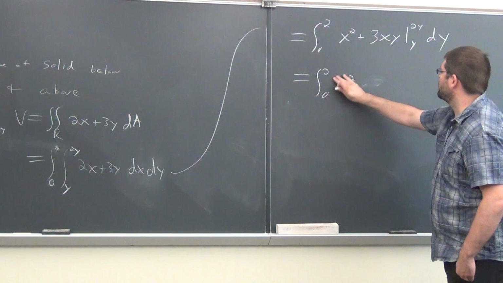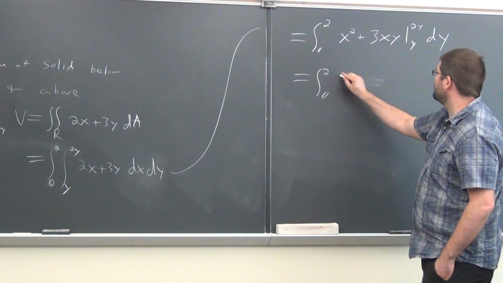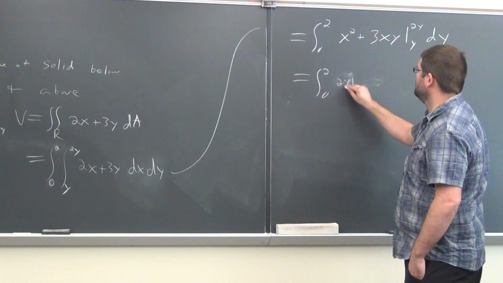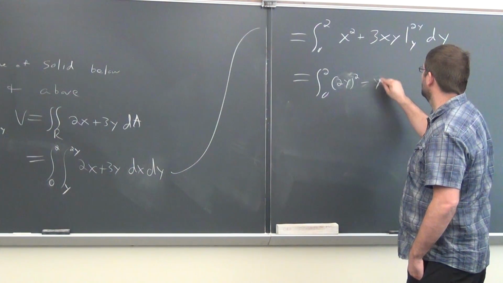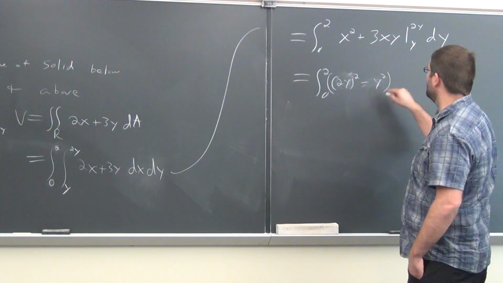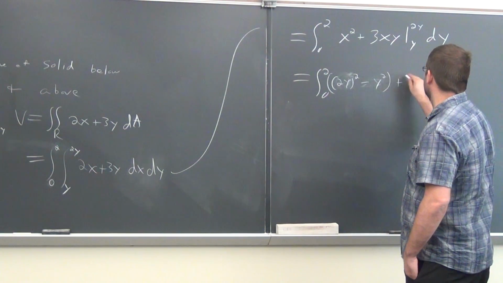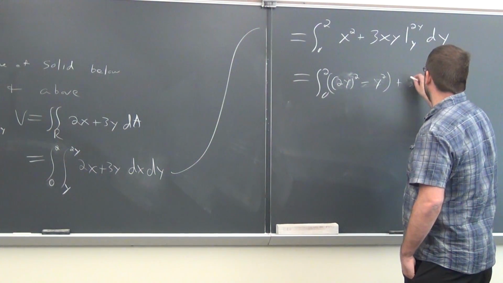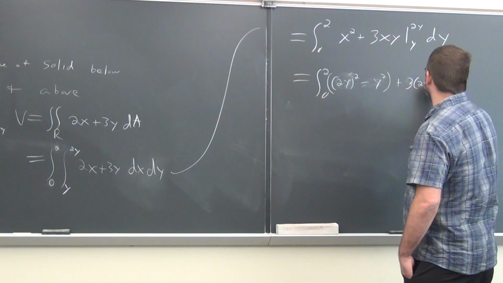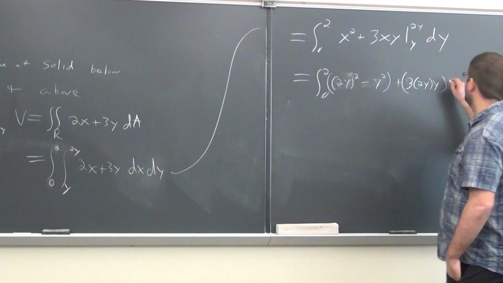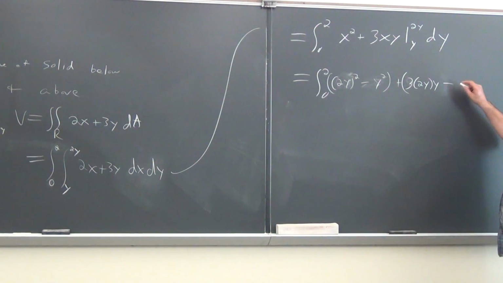I guess here, let's just write it all out. I'm going to confuse myself. 2y squared minus y squared for that first one, right? And then this one is 3 times 2y minus 3y, right?